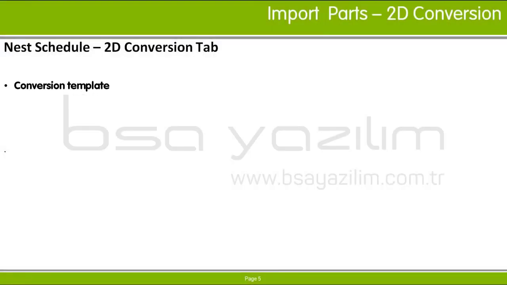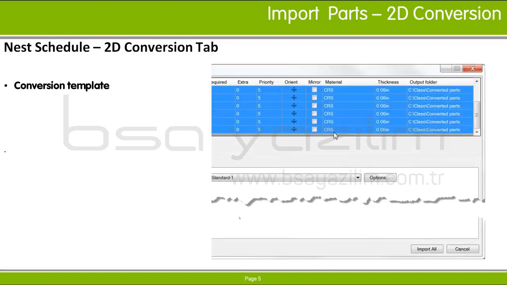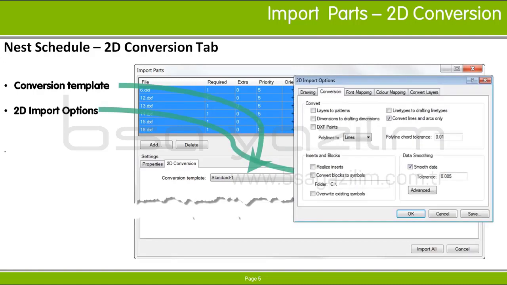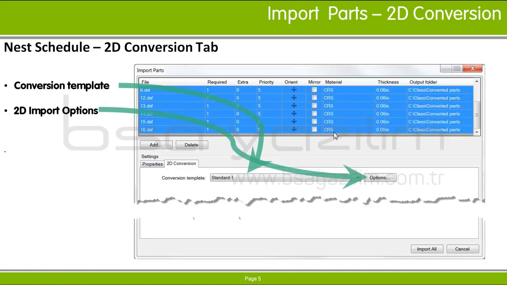On the 2D Conversion tab, you can choose a conversion template to use when importing DXF or DWG files. Different files in the list may be converted using different templates, or you can specify specific 2D import options using the Options button. Like the settings on the Properties tab, a change you make to this setting is applied only to the selected rows in the list.